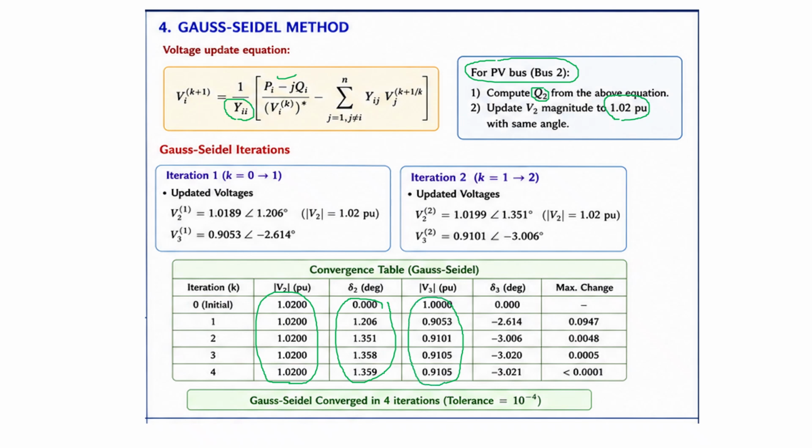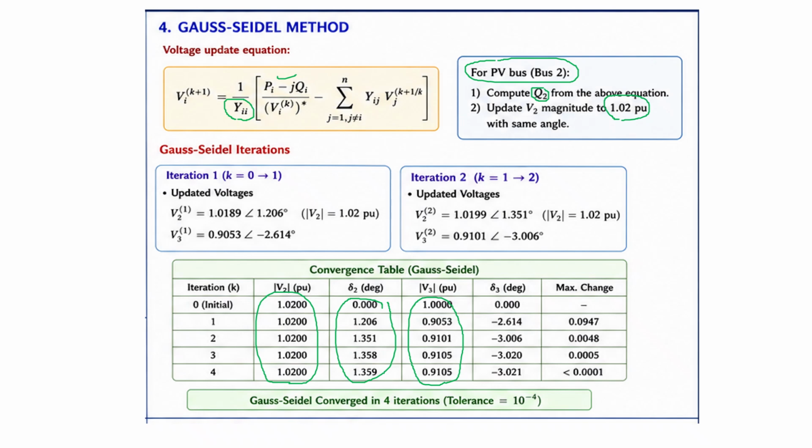So the stopping criterion for Gauss-Seidel is taken as the magnitude of the change in a parameter. For example, we can take the voltage 3 magnitude, or voltage 3 angle, or the voltage angle at bus 2.